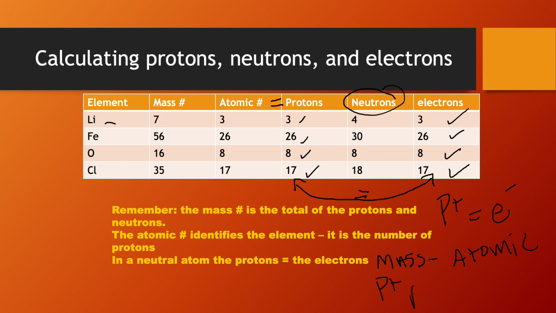Mass, again, was protons and neutrons added together. Atomic number was protons. We're going to take our protons out, and that's going to leave us with our neutrons. So 7 minus 3 for lithium gives me 4 neutrons. 56 minus 26, 30 neutrons. 16 minus 8, 8 neutrons. And the last one, chlorine, 35 for our mass number minus our atomic number of 17 gives me 18 neutrons.